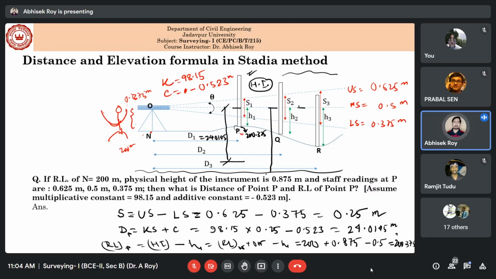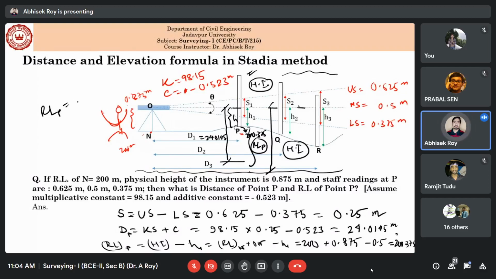So this is HI. Now, if you know this height and this small height also, then you can easily calculate at what height from the datum the point P will be, or simply the RL of P. If you know the height of instrument and this h, how will we calculate?